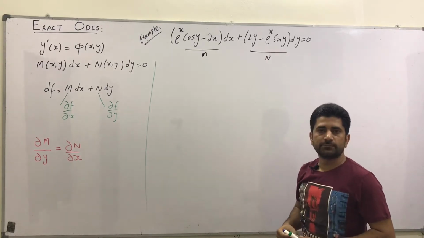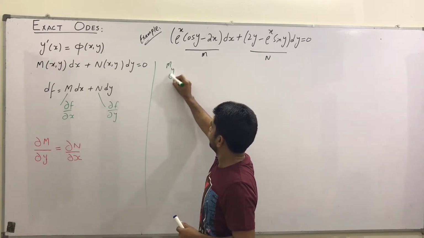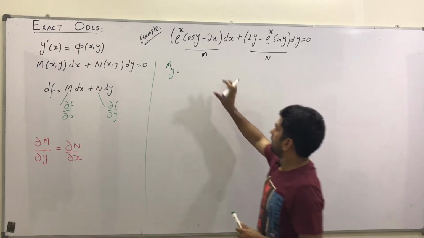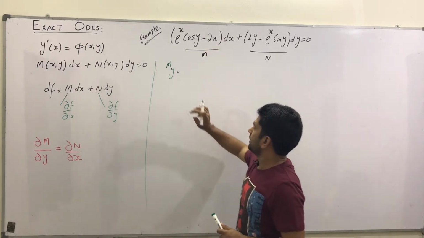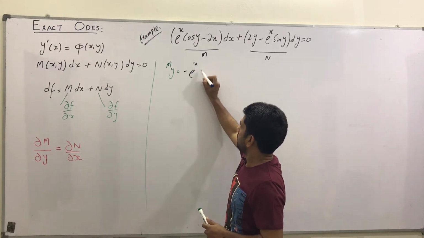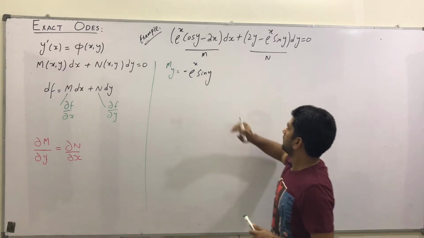We differentiate M partially with respect to y. The derivative of this M with respect to y, we have minus e to the power x, cos is sin y, and this is 0.